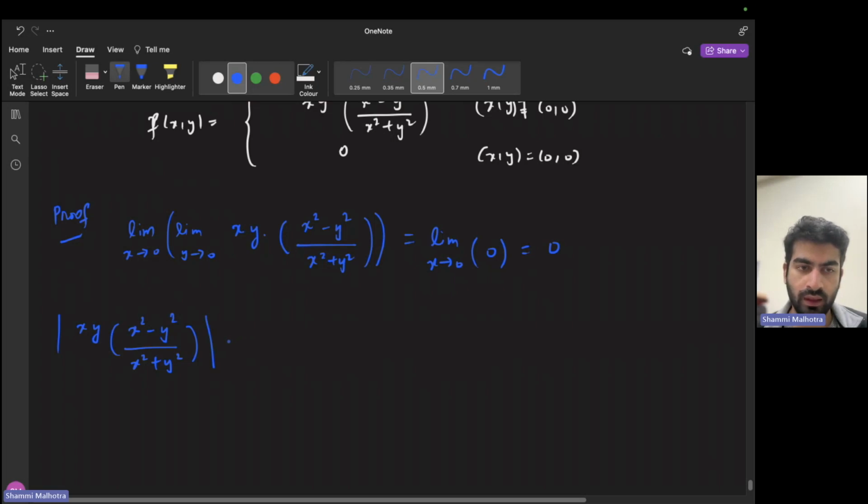Now what we can do is bound this by mod x mod y, and then we have x square minus y square whole divided by x square plus y square. And then again this can be bounded by mod x mod y, and this is mod x square plus mod y square, again by triangle inequality.